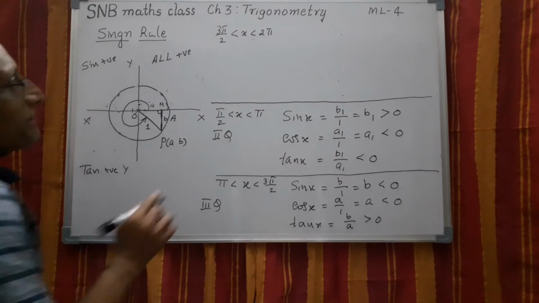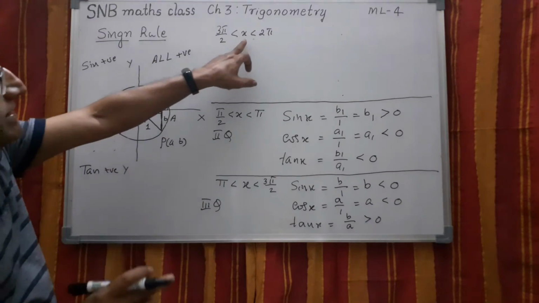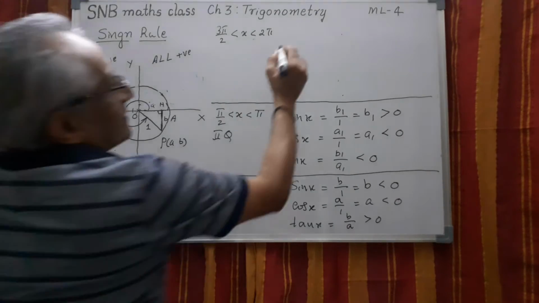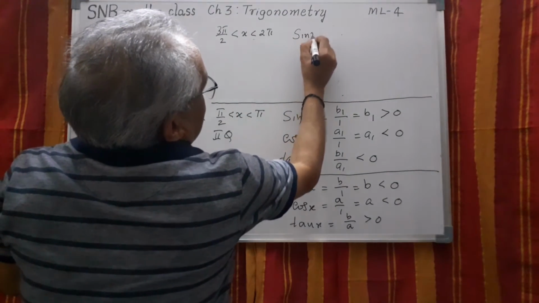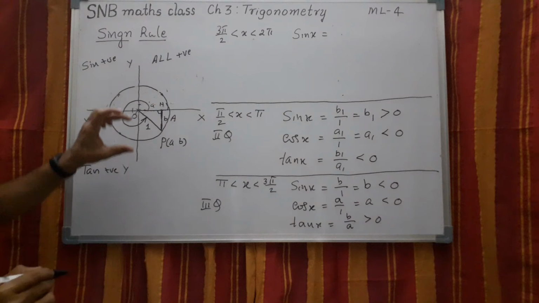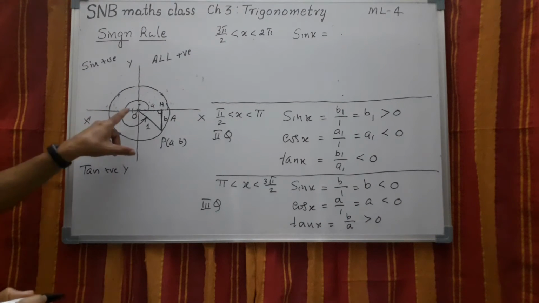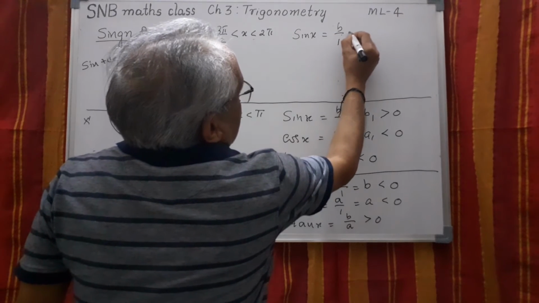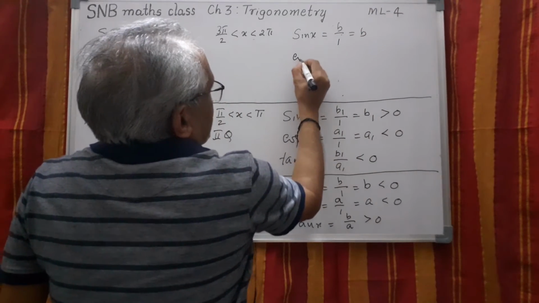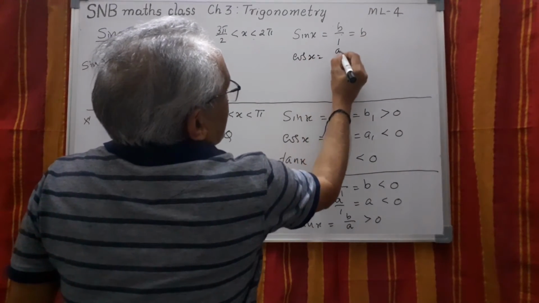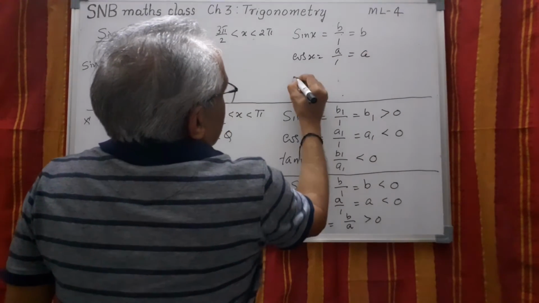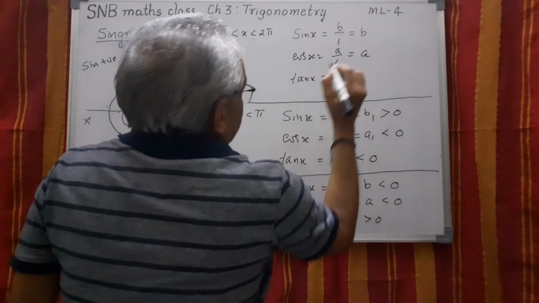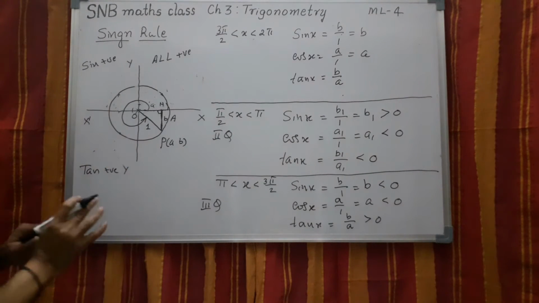Now look here, this is the case when x lies between 3 pi by 2 and 2 pi. What is sin x? Once again, it is altitude B divided by hypotenuse 1, so it is B. Same thing, cos x will be A divided by 1, it is A. And tan x is B divided by A. Now look at the diagram and decide.